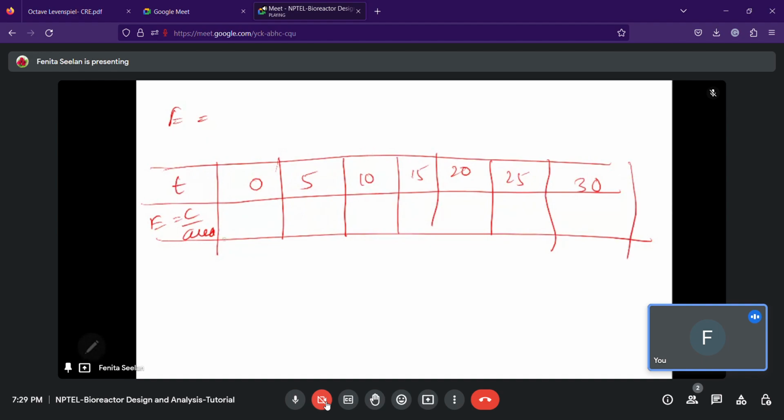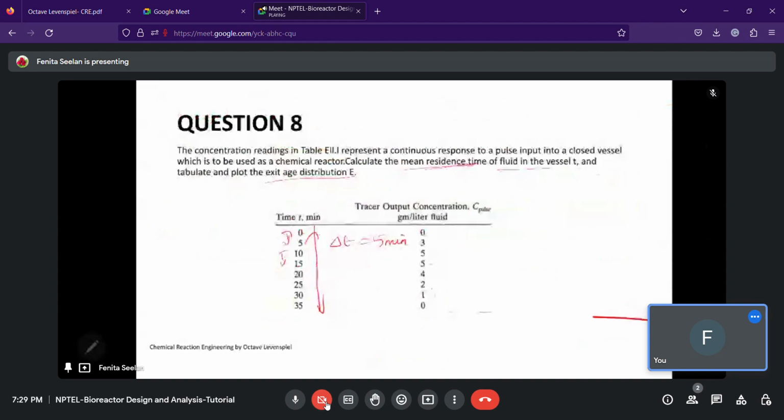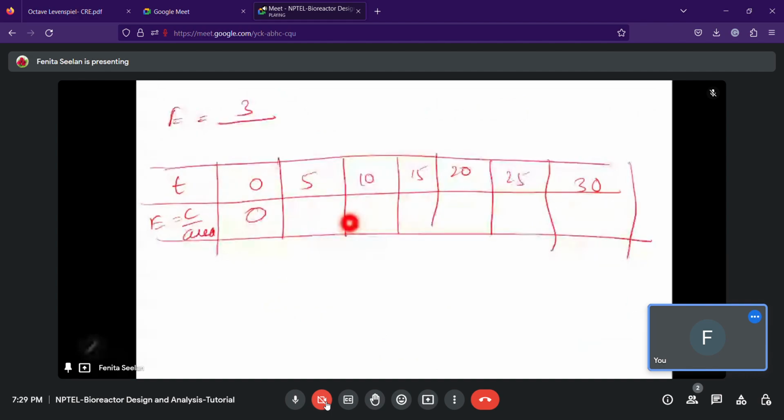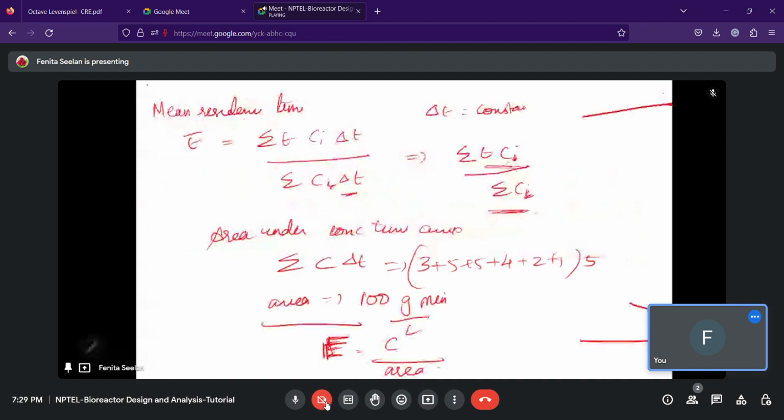The concentration at 0 is 0 only. For 5, what is the concentration? It is 3. So 3 divided by your area, what is the area? Area is 100, right? Area is 100.